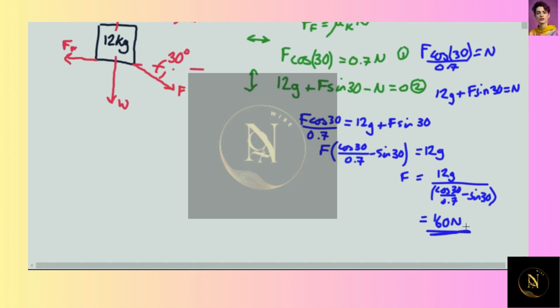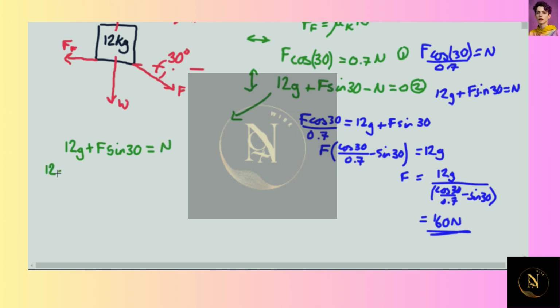So this is one quantity we can determine. Other quantities, for example, the normal reaction force, can be drawn pretty simply from the equations that we've already got. For example, we take equation 2 here and say that we know that 12g added to F sine 30 is equal to N. And we know F is 160 newtons.